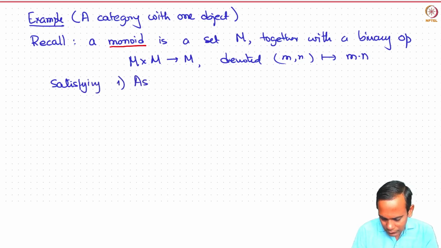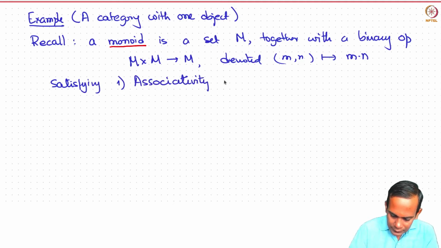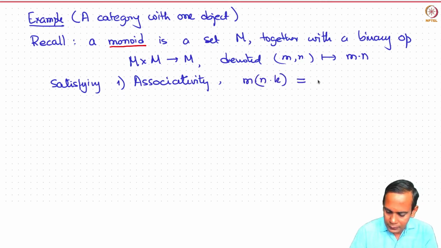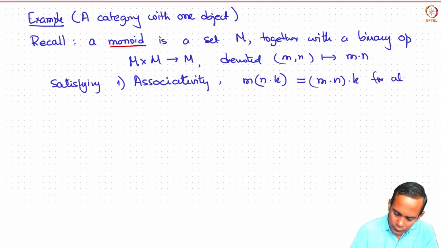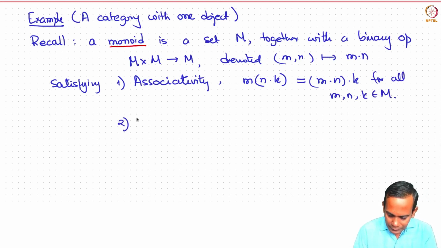First is associativity, which says that (mn)k, now you can compute this in two ways, is equal to m(nk) for all m, n, k in M.